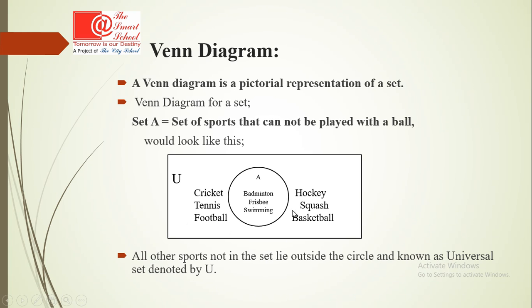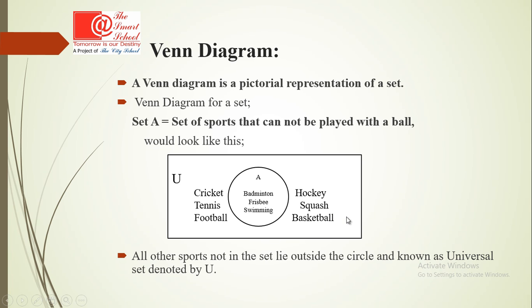Now you will see inside the circle there are the members which are part of this set. Set A, set of sports that cannot be played with a ball. So it's written badminton, frisbee and swimming. You like to play all these. Okay, then outside this circle all other sports are written which can be played with the ball, like cricket, tennis, football, hockey, squash and basketball.